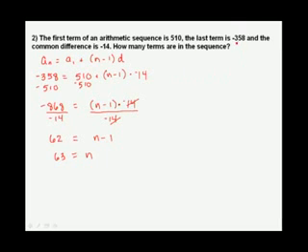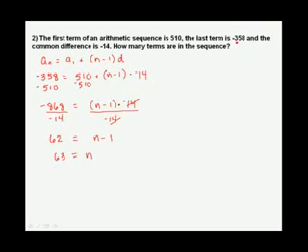I would start by subtracting 510 on both sides. Negative 358 minus 510 is negative 868. And I'm left over here with the quantity n minus 1 times that negative 14. Now I could distribute the negative 14 through the parentheses, but it's actually easier at this step just to divide by negative 14 on both sides.